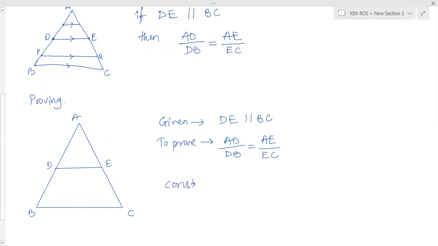This is what we have to prove. For this we have to do construction.